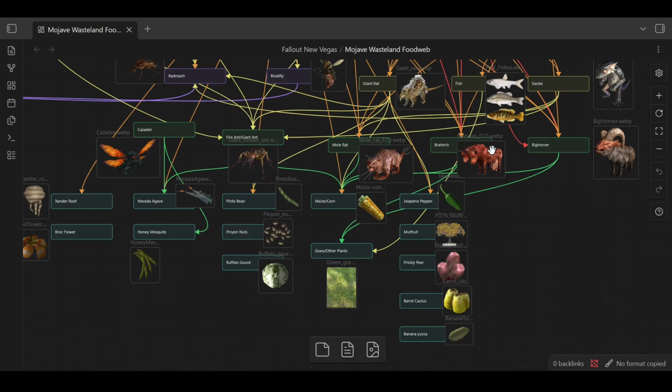And then Brahmin, as always, were again one of the first animals that we ever domesticated. Bovines have played a huge role in human society, and they continue to do so even after the apocalypse. People keep them, they use them as pack animals as well as providing a source of food.